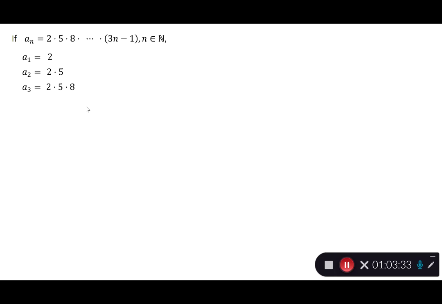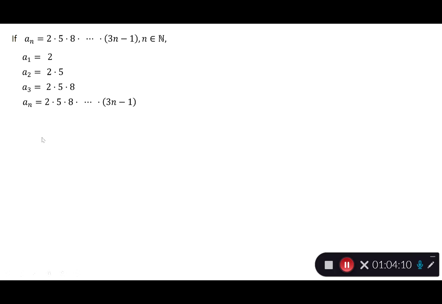You want to get a sub some number, you go to the previous one and multiply by an additional term. All of this is because I'm trying to get to what in the world a sub n plus 1 would be. Okay, so if we apply this concept of a sub 3 is nothing but a sub 2 times one additional number, a sub n plus 1 should be what? Whatever a sub n is.